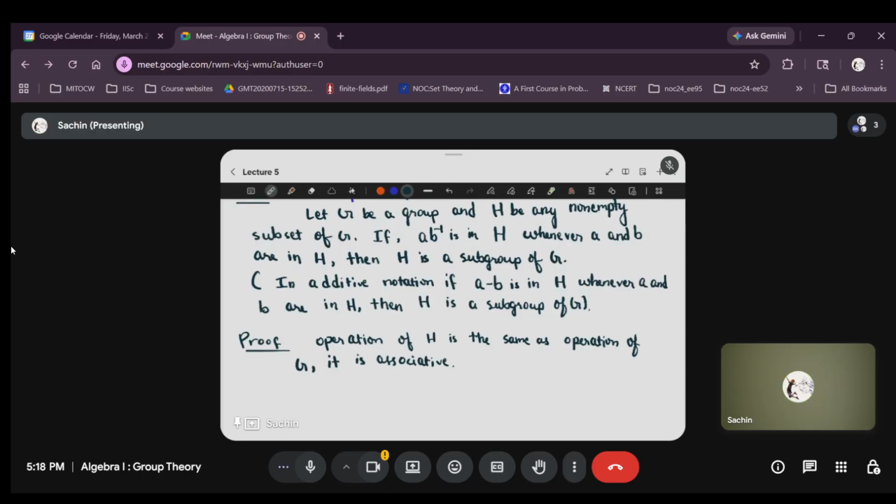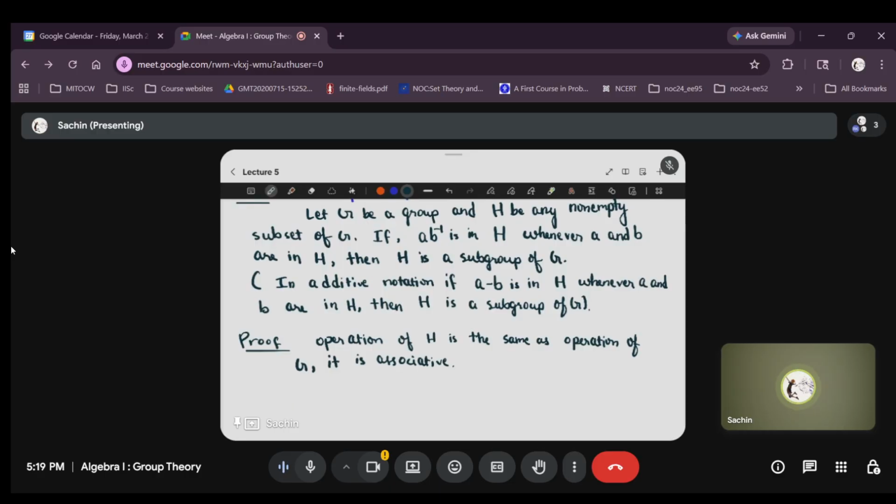How do we show that H has the identity element? My claim is that if AB inverse is in H whenever A and B are in H, then it is a subgroup. Then E is in the set.